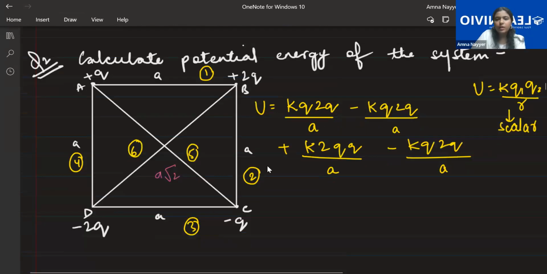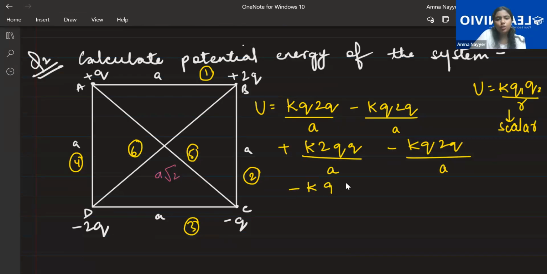So see, now when we are talking about the diagonals, can you just tell me one? Tell me this one. A, C. Ma'am, K plus Q minus Q by A root 2.